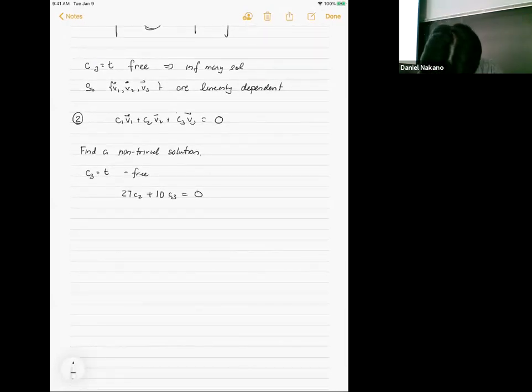That means 27 C2 plus 10T is 0, right? So what is C2 going to be? C2 is going to be minus 10 over 27 T, right? Everybody okay with that? That looks pretty good. So we have C3 being T here, C2 being this.